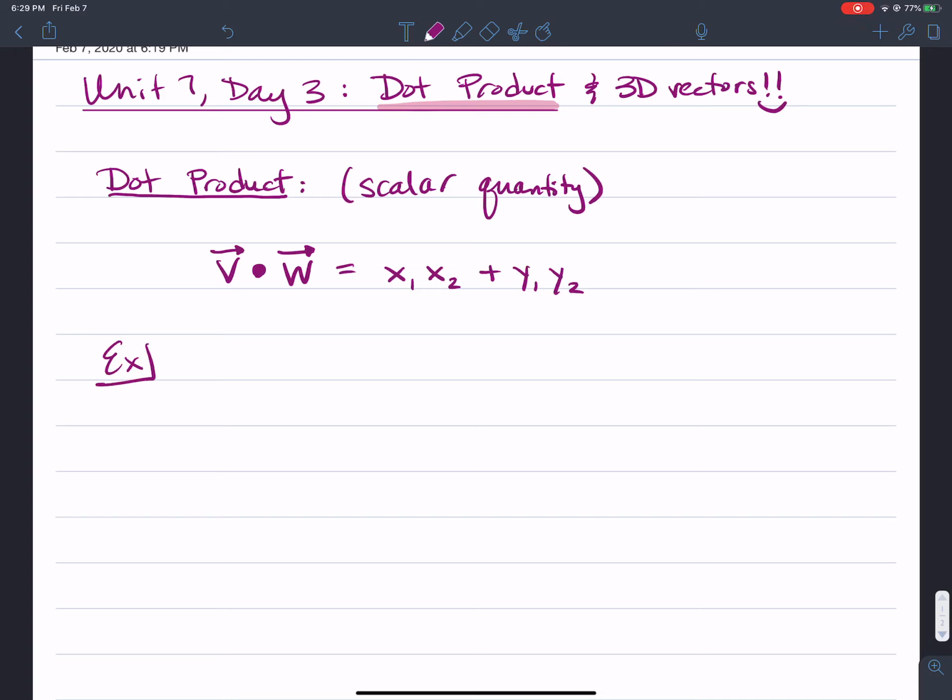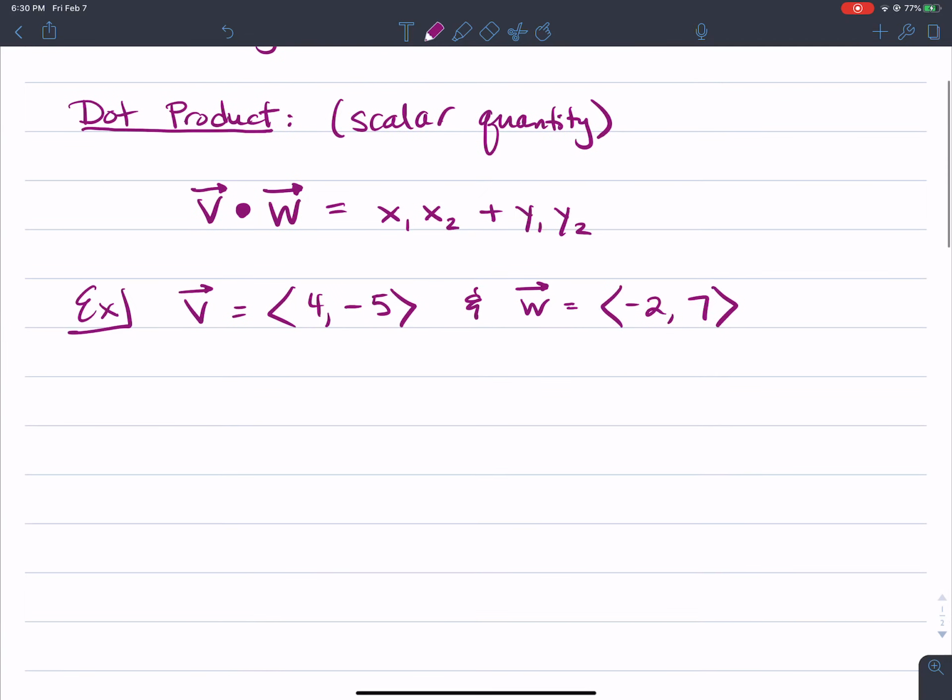So if we do a little example, let's say vector v has the components 4, -5, and vector w has the components -2, 7. Then I can simply ask you to find the dot product. And what you get is this silly number that seems pointless right now, but we will use it later on.